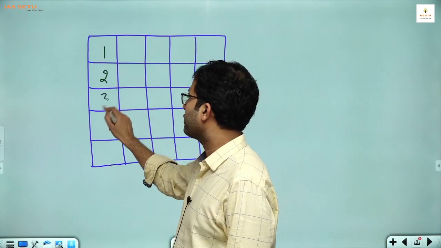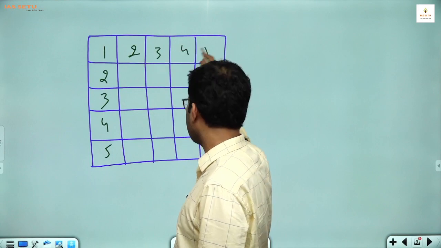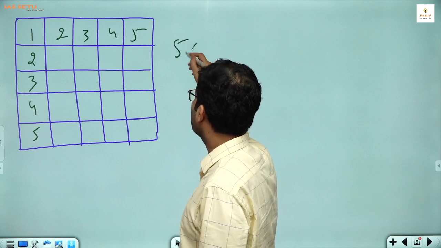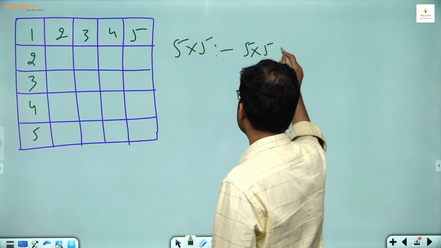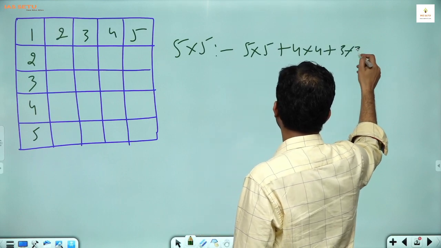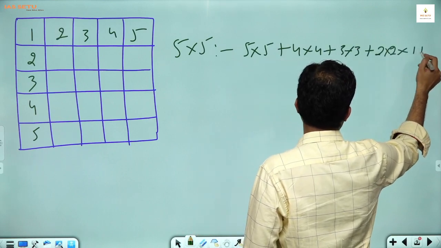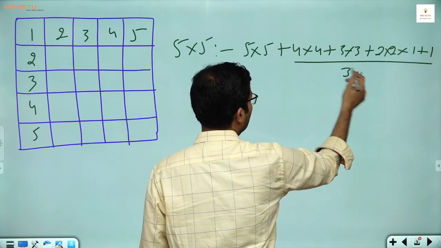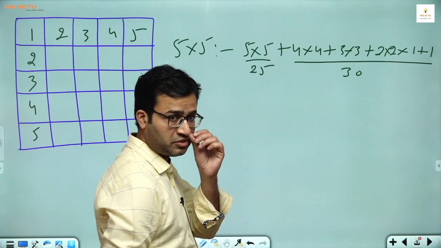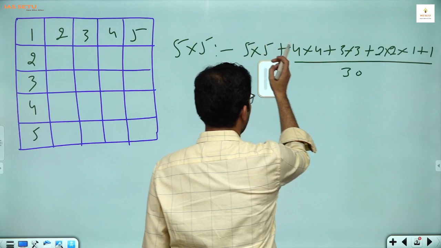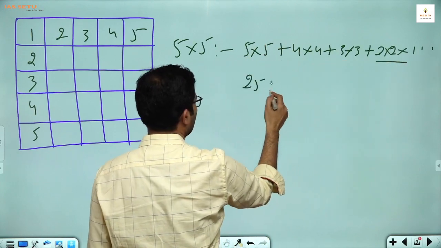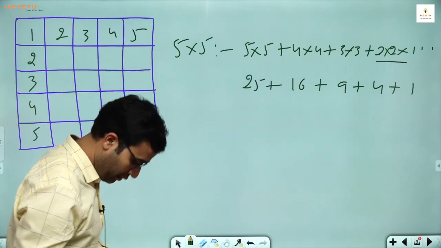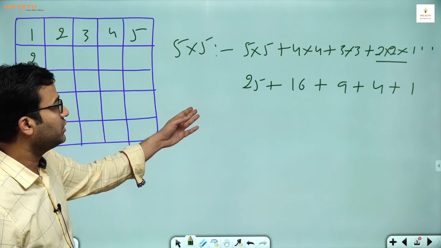Now this is 1 2 3 4 5, 1 2 3 4 5. So this is a 5 by 5 figure. So what we have to do, 5 into 5 plus 4 into 4 plus 3 into 3 plus 2 into 2 plus 1 into 1 plus 0 into 0. The smart people, what they have done, this total you already know, 30 plus 25, 55. Or you can check. This is 25 plus 16 plus 9 plus 4 plus 1, 1 plus 4, 5, 5 plus 9, 14 plus 16, 30, 30 plus 25, 55.